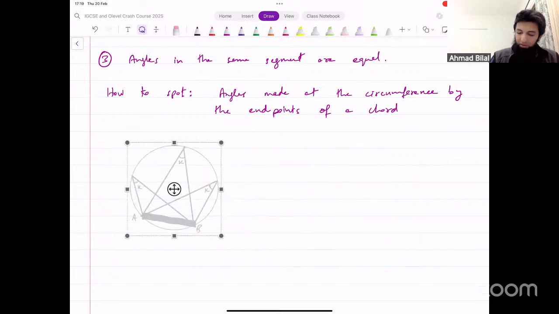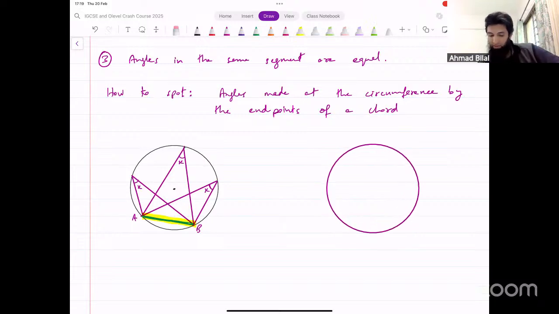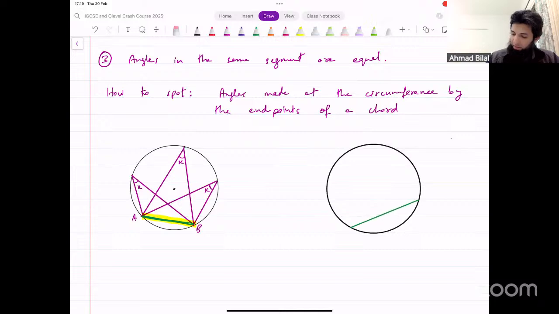This is one way to look at it. Sometimes you could have it in the smaller segment as well. If this is the circle, in this circle, let's say we have a chord that looks like this. Again, the angles could also be in the smaller segment.